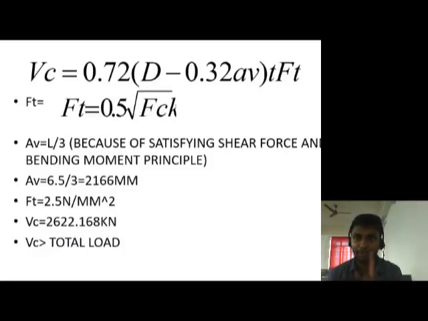AB is equal to 6.5 by 3, which is equal to 2166 mm. Now for FT we will be using the value 2.5 Newton per mm square. Then by calculating all these, we will be getting VC equal to 1.68 kilonewton, where VC is greater than the total load.